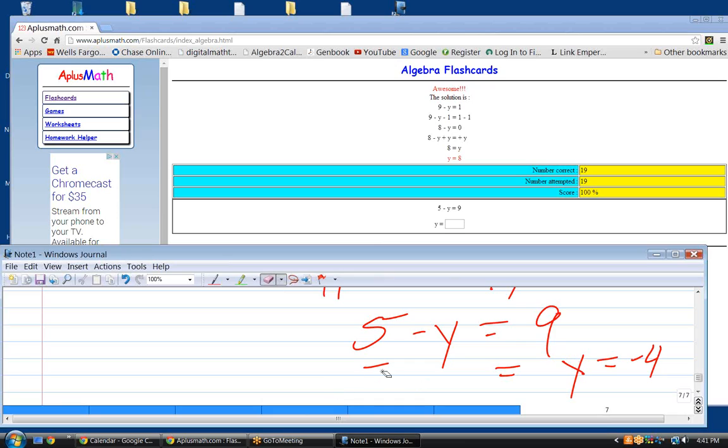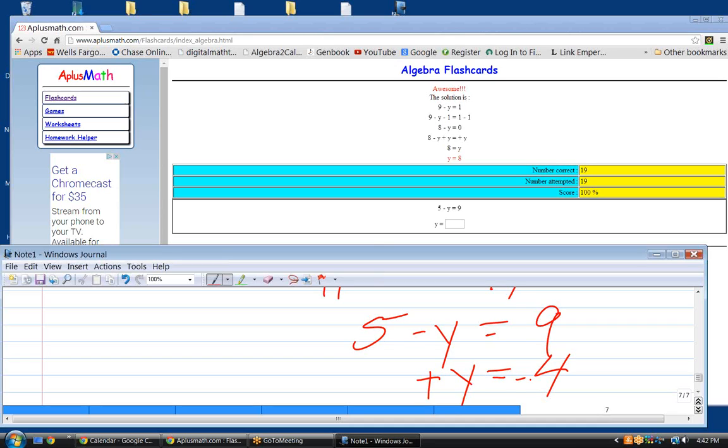Now, the other way to do it is the way you wanted to do that very first one, which is to leave the y here and move the 5 to the other side. That's not a bad way to do it. It gives us a positive coefficient over here. And whenever you have minus a variable equals a number, you know that the answer is just the opposite sign. In other words, you have to divide both sides by minus 1.